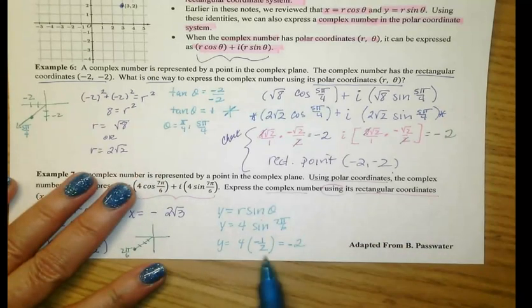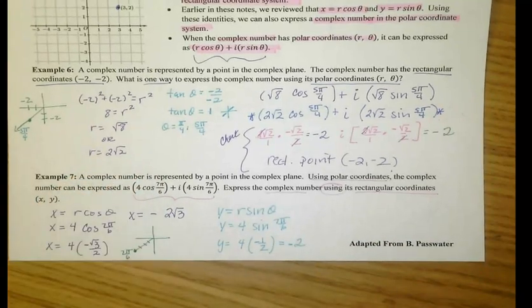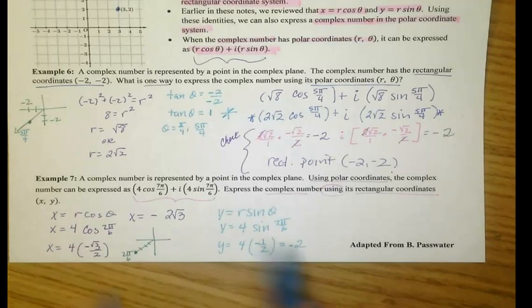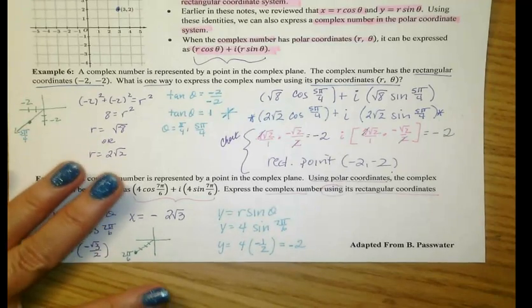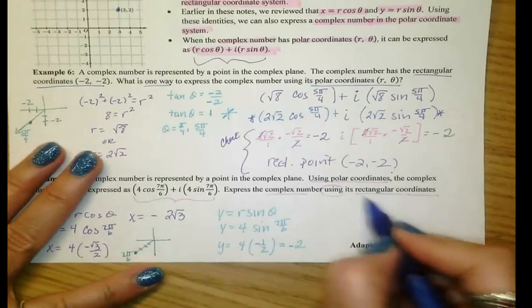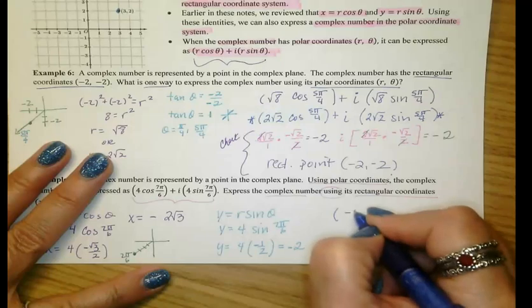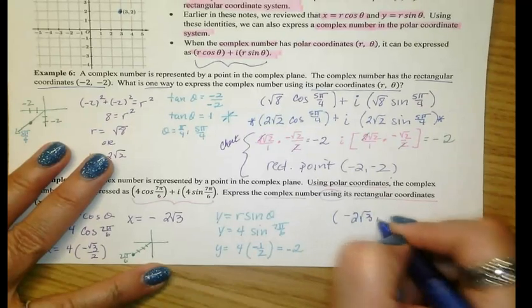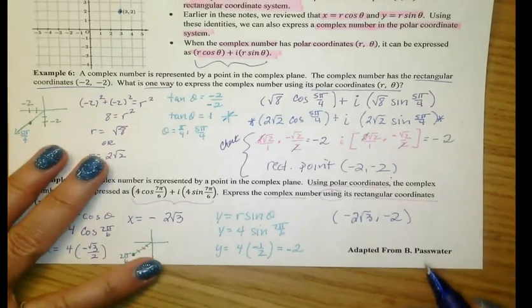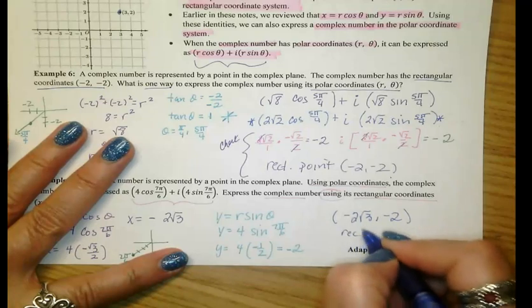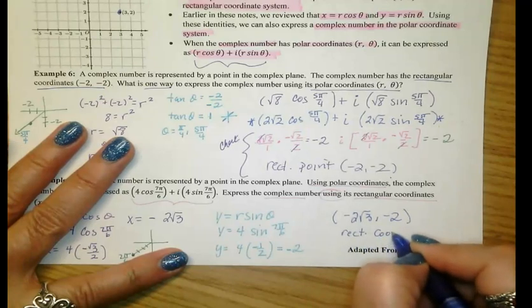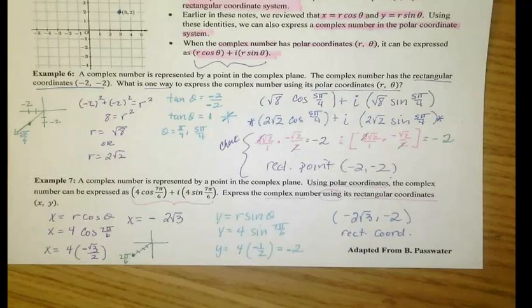Usually I don't like to do that, but if I try to write down here, it's going to go off the page for us. And so now I have my x and I have my y. So I know that the rectangular coordinate, which is what it asked me to find right here, is going to be negative 2 root 3, negative 2. And that's the rectangular coordinate. And that's how you do it.